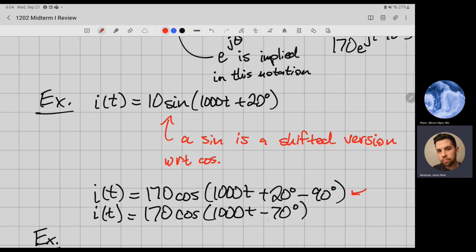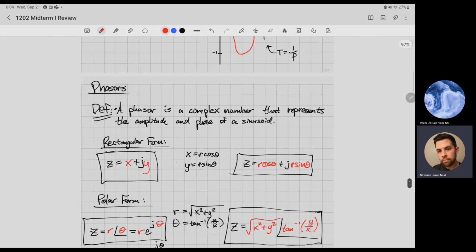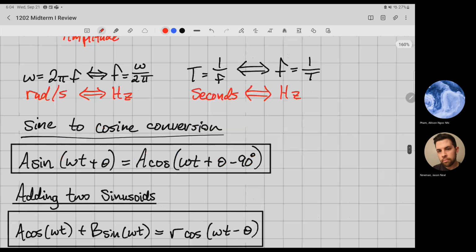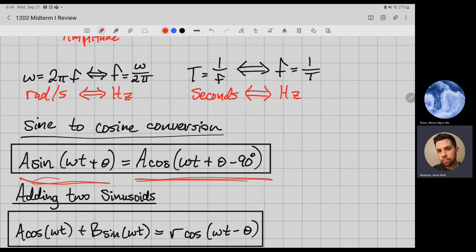And so you'd get negative 70. That's just part of the definition that we saw up here. So if you have a sine function and you want to convert it to cosine, you literally just subtract 90.